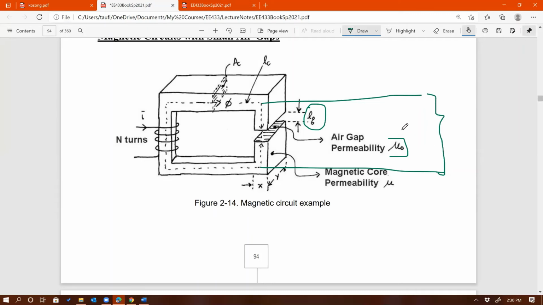With the air gap, that's going to be LC minus LG. As soon as you introduce the air gap, the new length, LC new, will be LC minus LG. However, since LG is much smaller than LC, LC new is approximately equal to LC old.